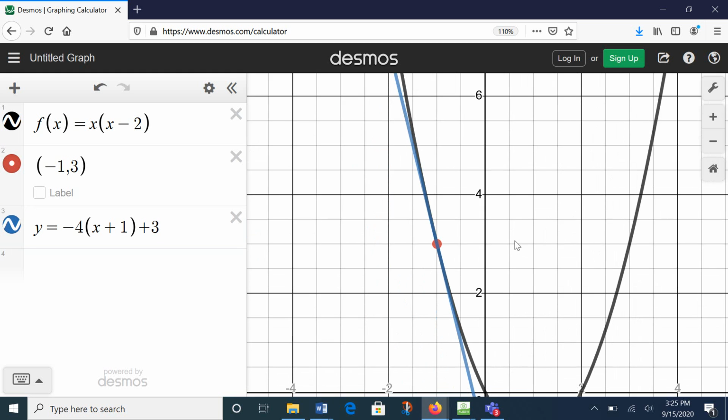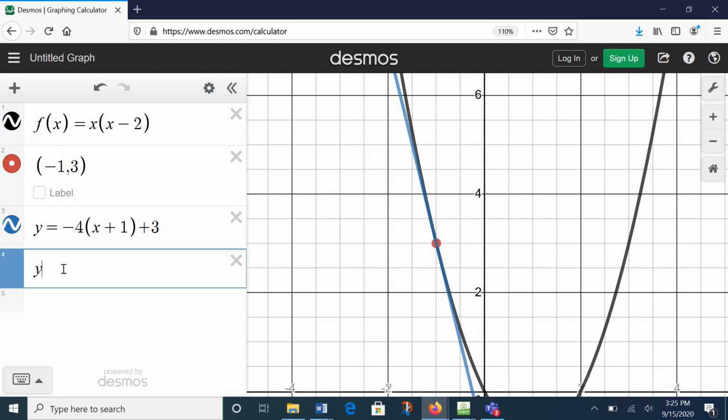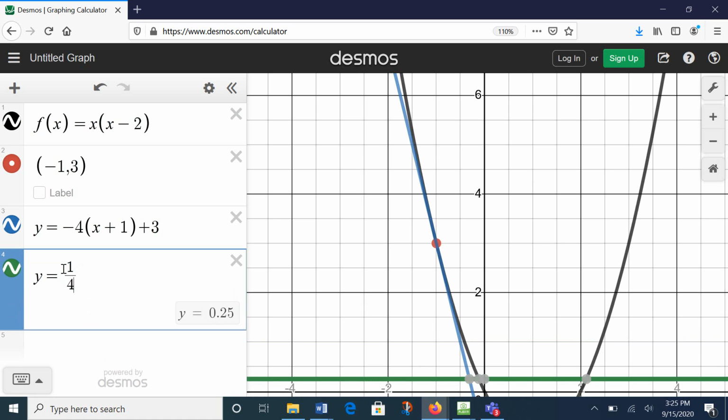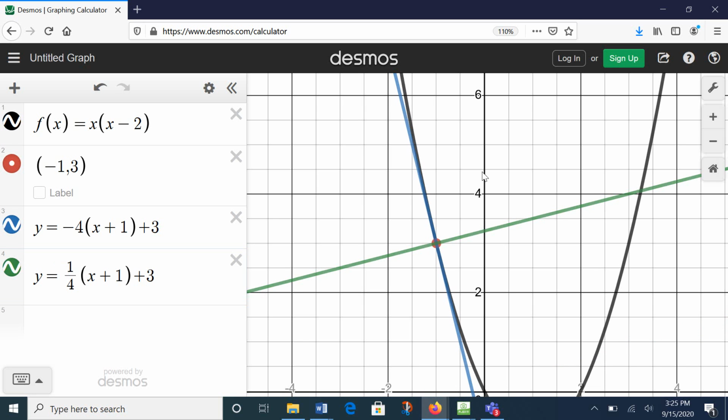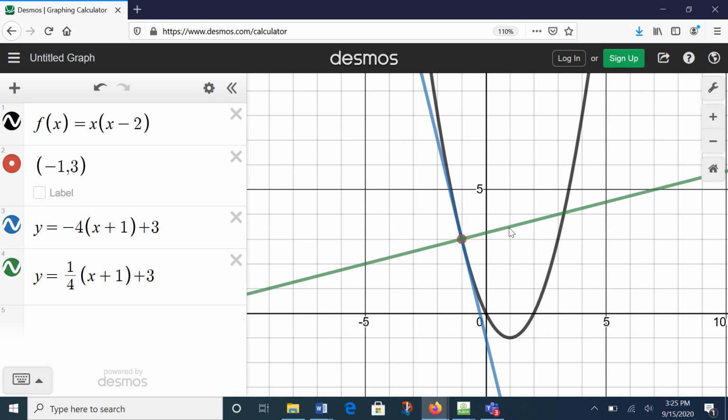There you go. And then our normal line is y equals 1 over 4 times (x plus 1) plus 3. So there you have it. In the black is our curve, and in the blue is our tangent line, and in the green is our normal line. So that's all I have for y'all today.